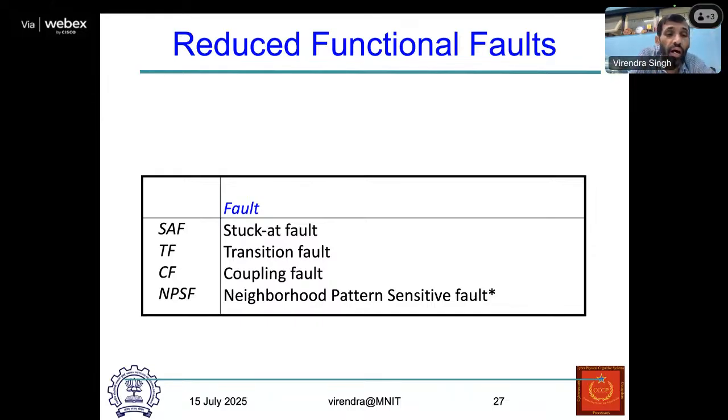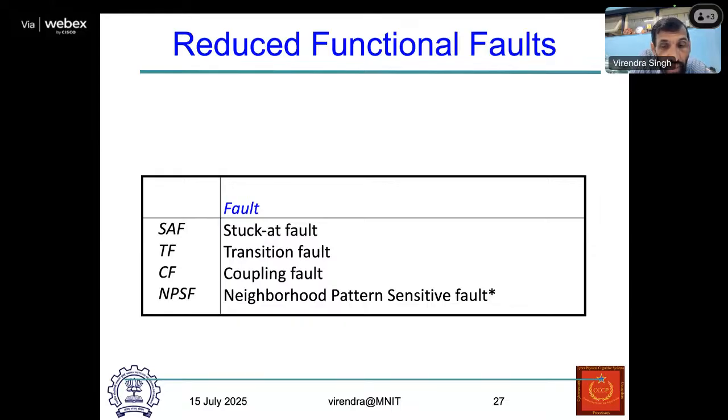However, NPSF says that it is not coupled with one, but in a way you can say that this is like a more generalization of coupling faults. If there is some pattern in your near vicinity, say for example, if all your neighboring cells, there are four cells, top, bottom, left, right, if all are holding value 0, in that case this cell X is also likely to flip its value to 0 if it is not 0.